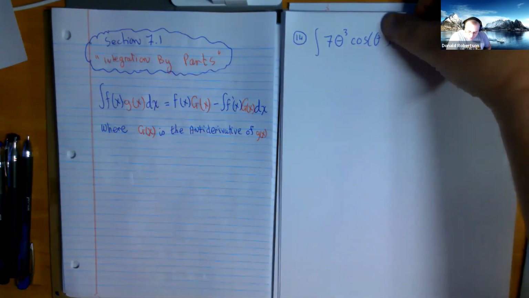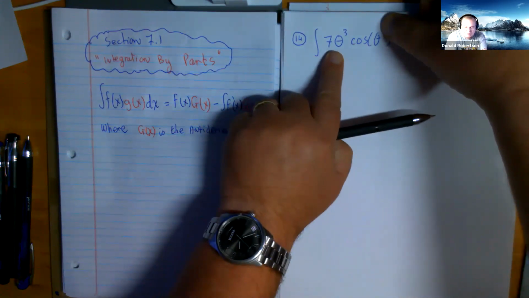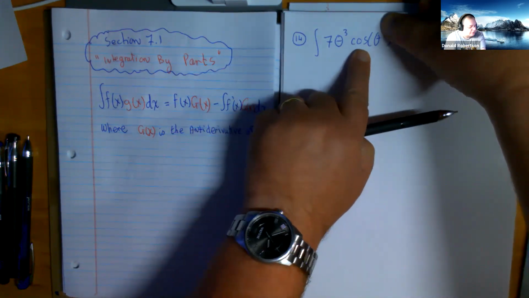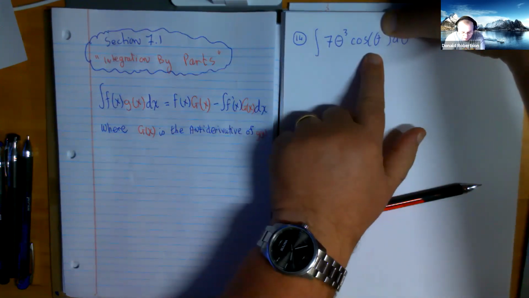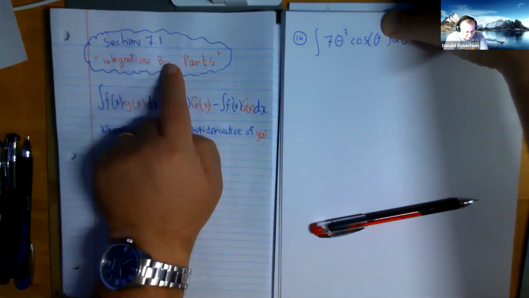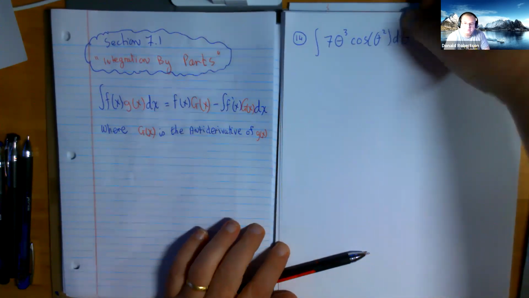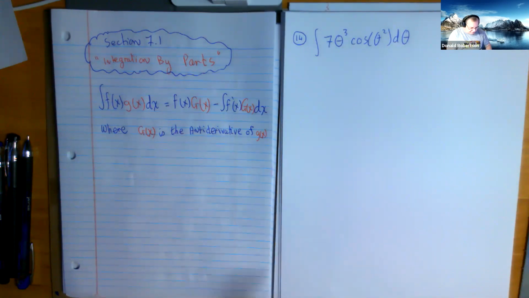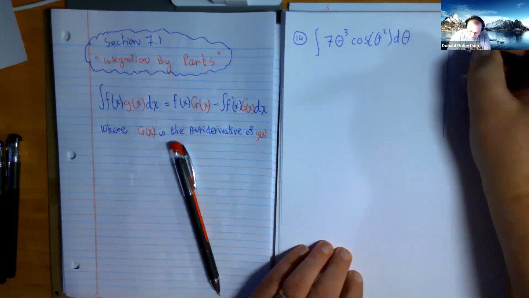Now, if that was just theta, it would be a straightforward integration by parts, and we would do this guy is F and that guy is G, and it would work. So if it was 7 theta cubed cosine of theta, it would just be integration by parts. But it's not cosine of theta. It's cosine of theta squared. That means we have a U-sub.